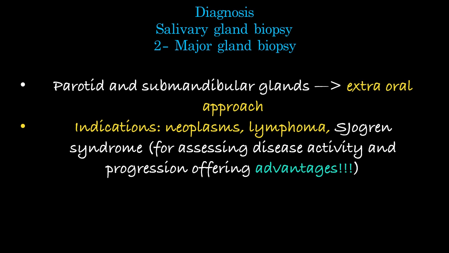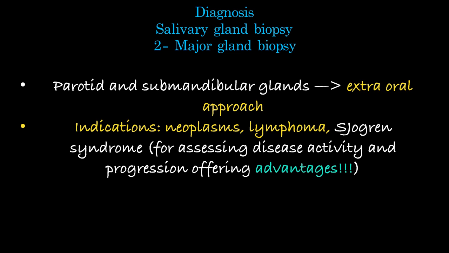This has several advantages, assessing Sjogren syndrome with major gland biopsy, though it is a highly invasive procedure. The first advantage is that we take the biopsy from the same gland. If we take a minor gland biopsy, each time we take different glands.